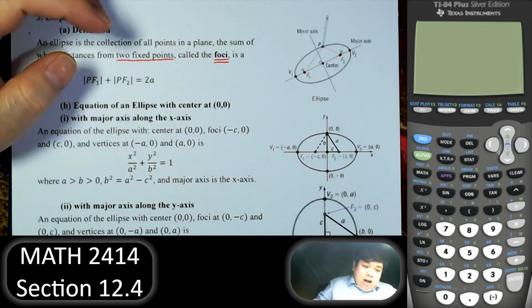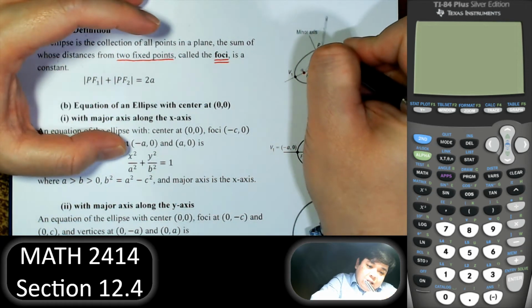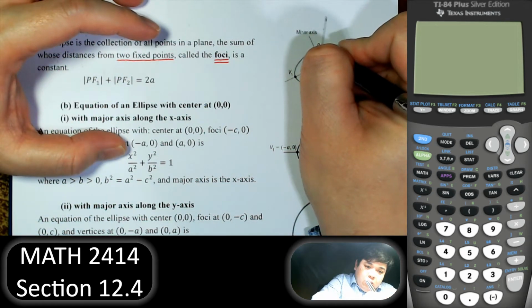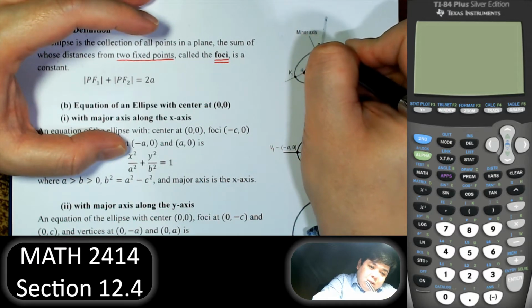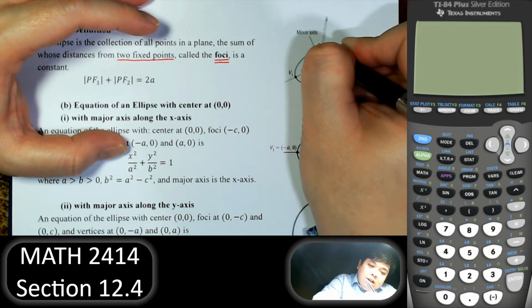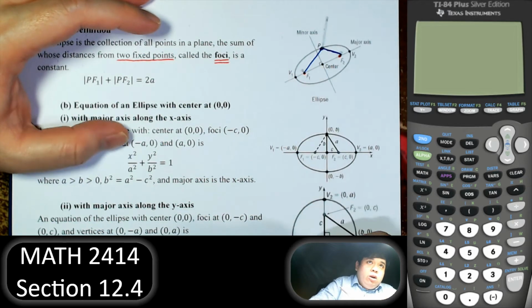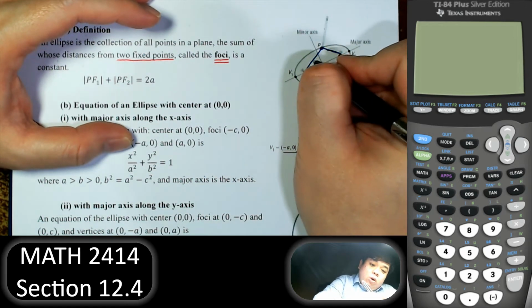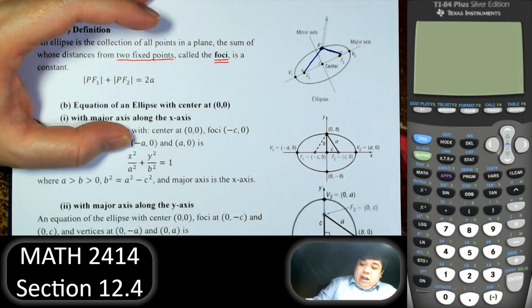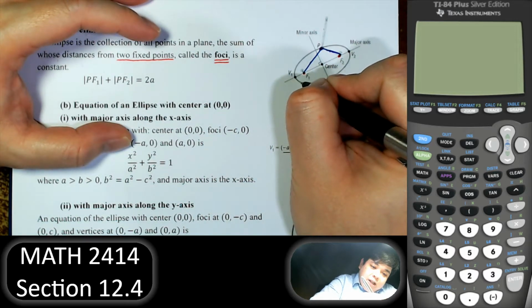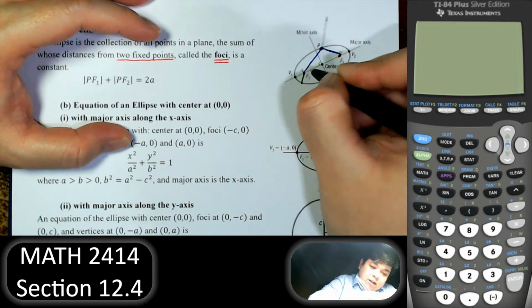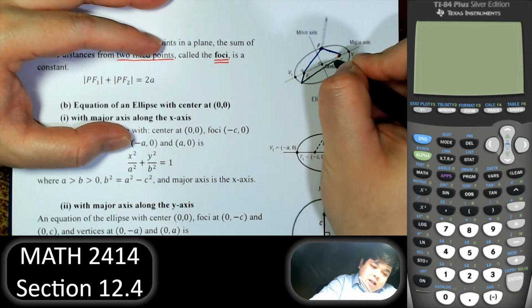And then an ellipse is the collection of all the points where the sum of the distances from the point to the foci will be the same. So you're going to add this one and this one. It is the same as where we start from here: that distance plus this distance.